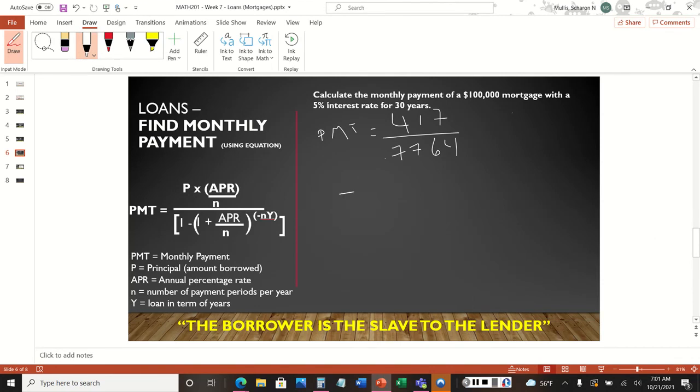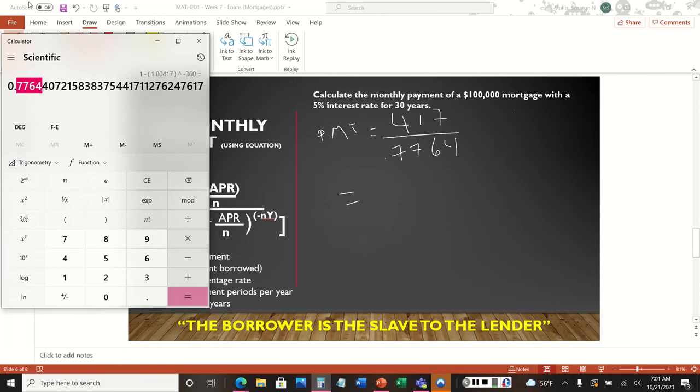All right. And we can stay on the scientific calculator. And we're going to take 417 divided by 0.7764. And that gives us 537.09.